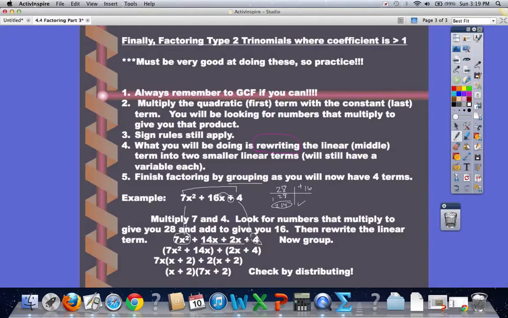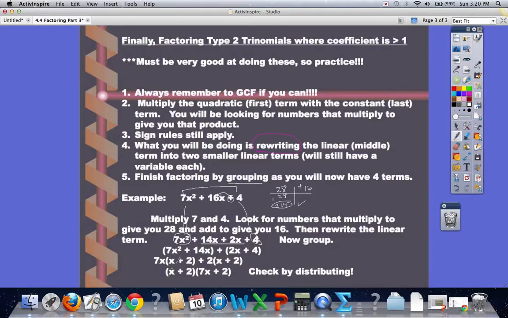Nothing else changed. Then you follow your grouping rules, where you group the first two terms and you group the second two terms. You GCF. Between 7x squared and 14x, I can take a 7x out. That leaves me with x plus 2. Between the 2x plus 4, I can take a 2 out, which leaves me with 2 outside as my GCF and x plus 2.